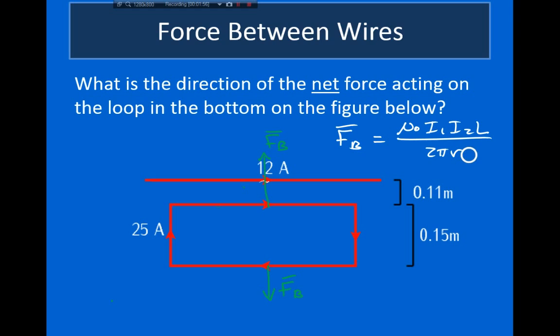Here we can see that this magnetic force decreases as this distance gets larger. What that means is the magnetic force exerted on the top part of this loop is going to be larger than the magnetic force exerted on the bottom part, because the top part of the loop is closer to this current-carrying wire. So that distance r will be smaller for the top part than for the bottom part of the loop.